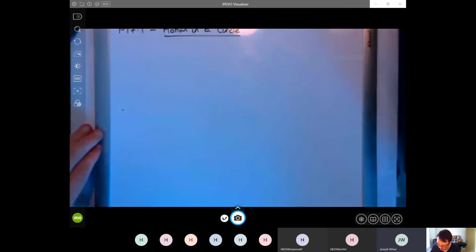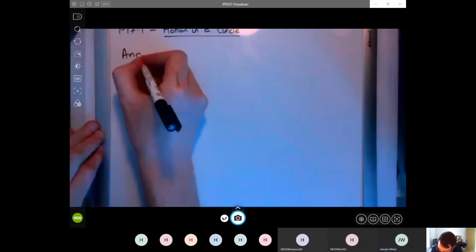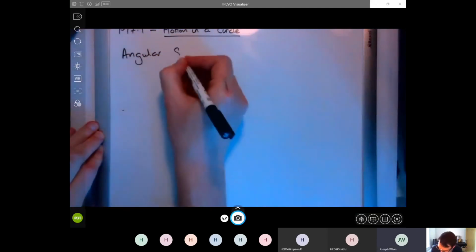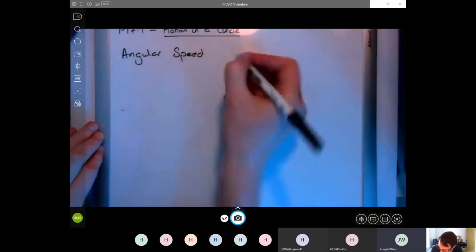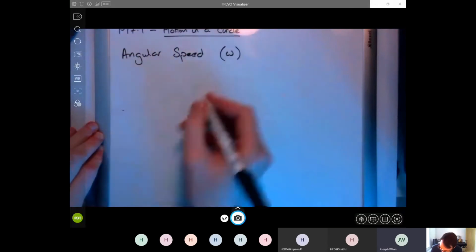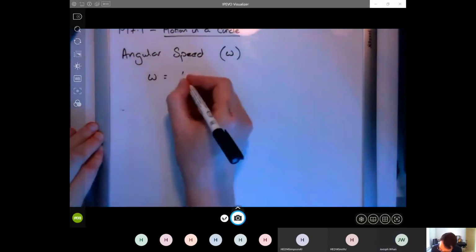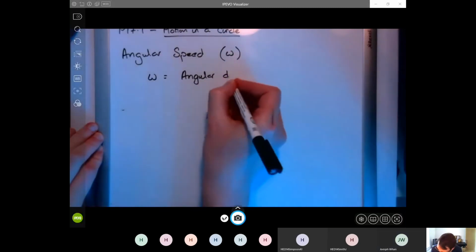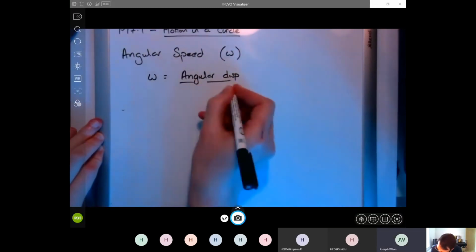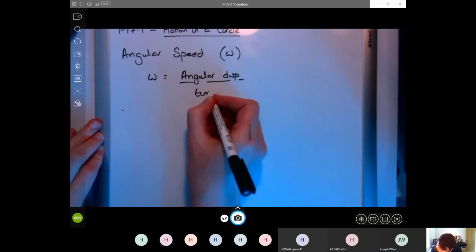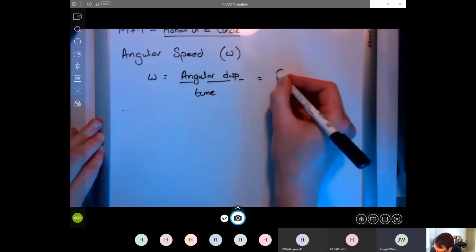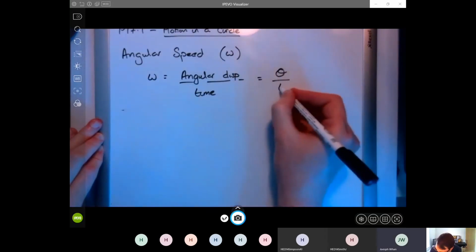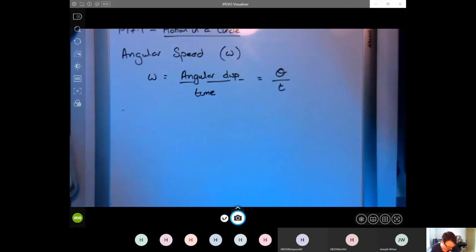We'll just start again. So angular speed, we'll call omega. Angular speed is going to be angular displacement divided by the time, which in our case is going to be theta divided by t.